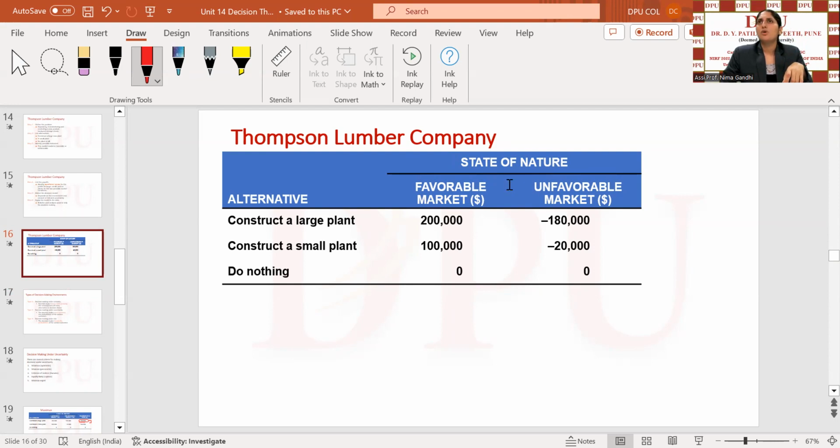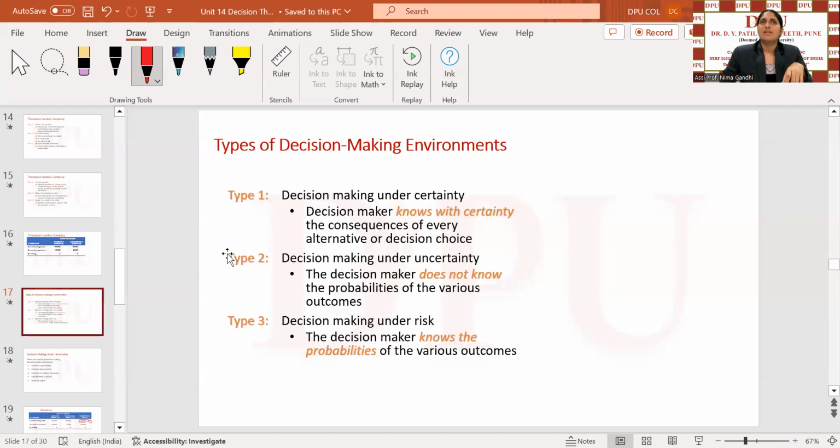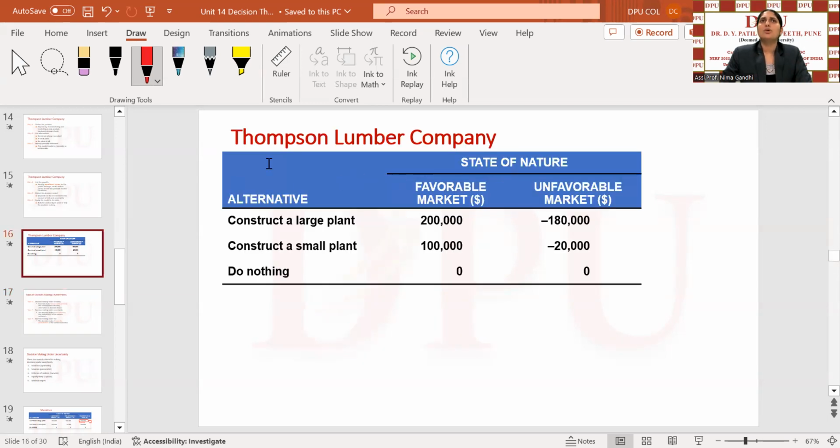So when you don't know the probability of whether the market remains favorable or unfavorable, that time we say we are taking a decision under uncertainty. In this matrix, more information is not given to you.